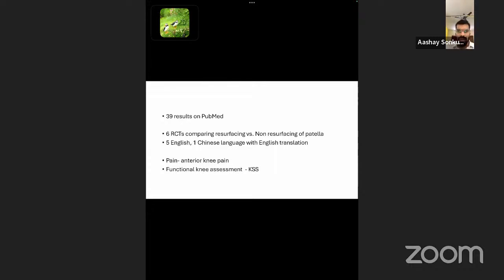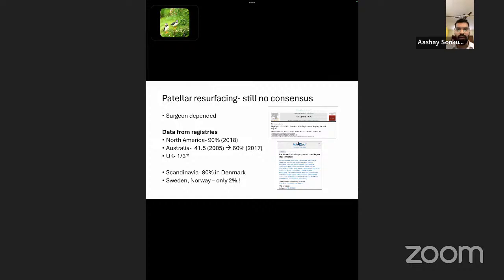Now that we have patellar resurfacing, it is still heterogeneous in the orthopedic community as it is very surgeon dependent. It depends on where the surgeon has trained, and on data from the different registries around the world, which show that in North America, 90% of the surgeons prefer resurfacing their patella.